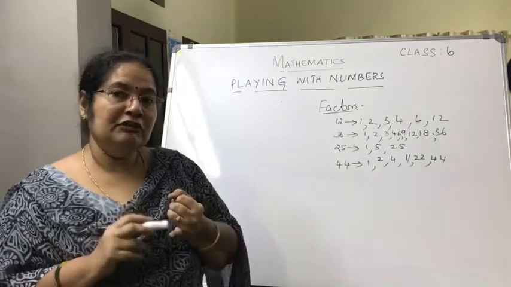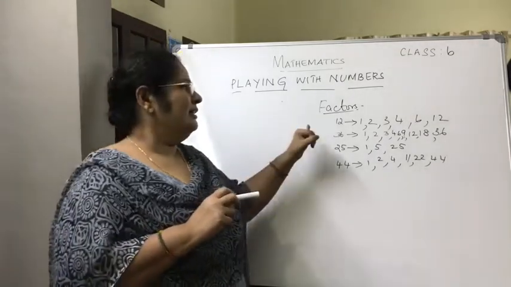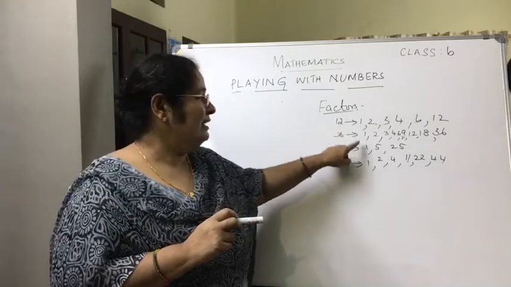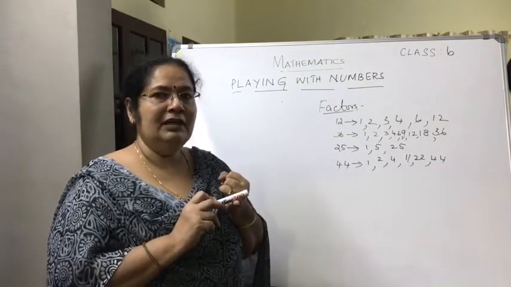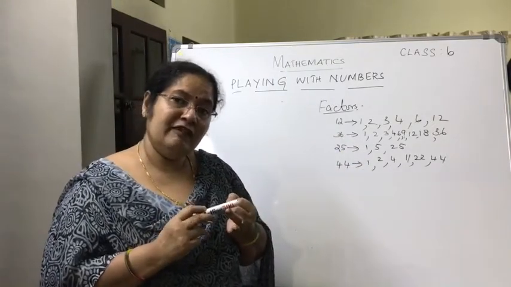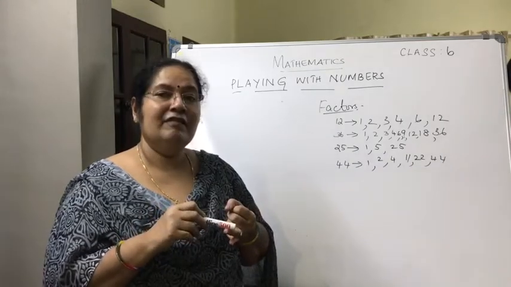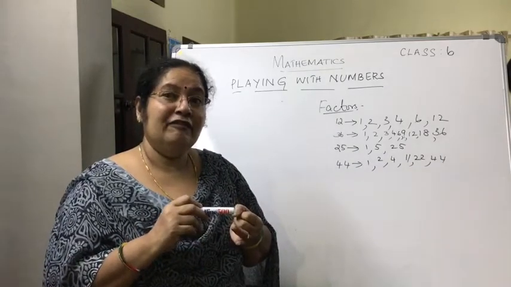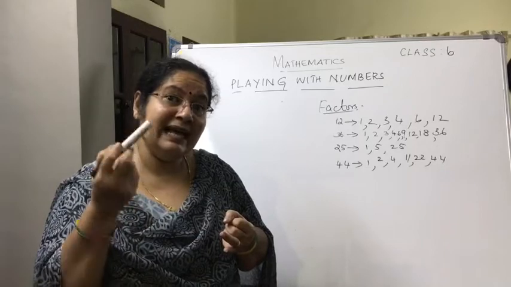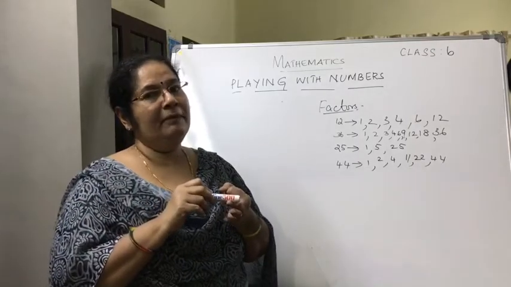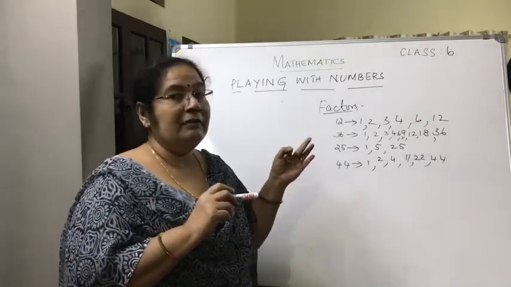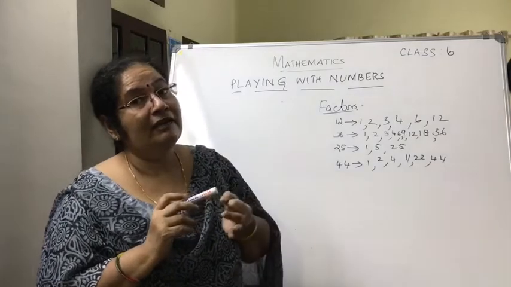So what are the conclusions that we get for a factor? One is a factor of every number. Every number is a factor of itself. A factor of a number is an exact divisor of the given number. Factors of a number are finite.